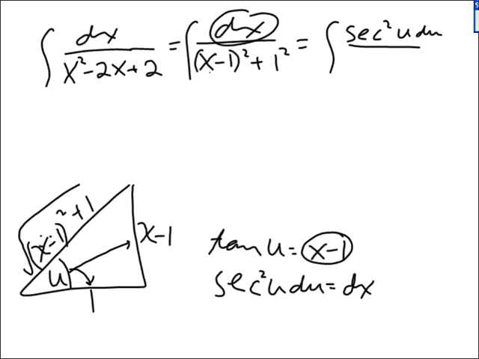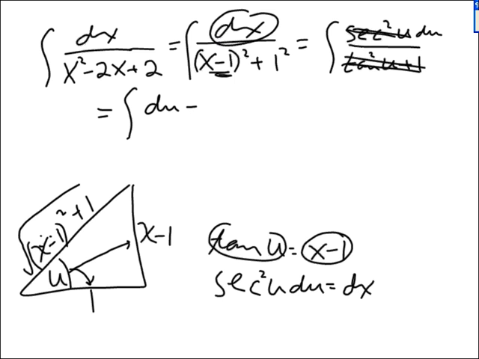And the bottom, well, that's tangent u squared. So it's tangent u squared plus 1 squared. Oh, that's secant squared u. That kills off the secant squared u in the top, and I just have the integral of du, which is u.